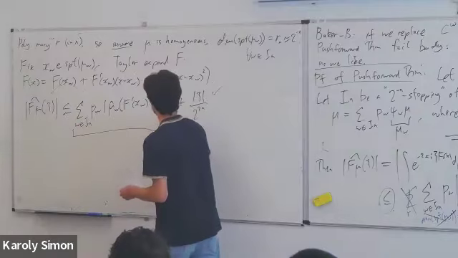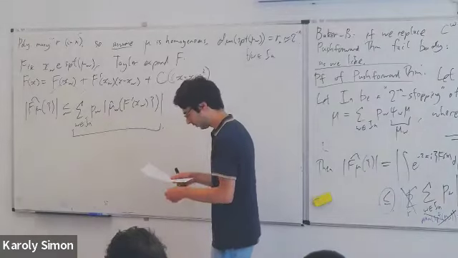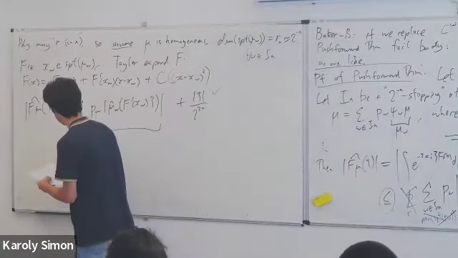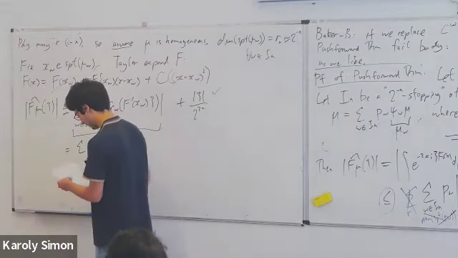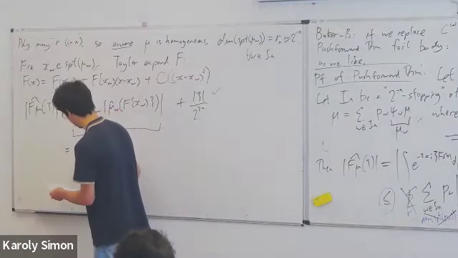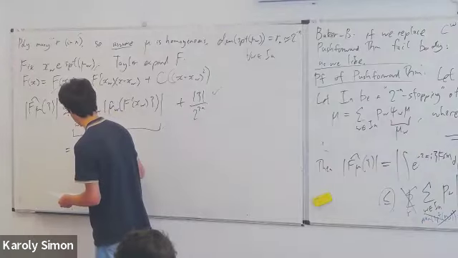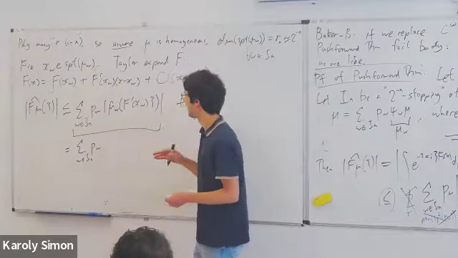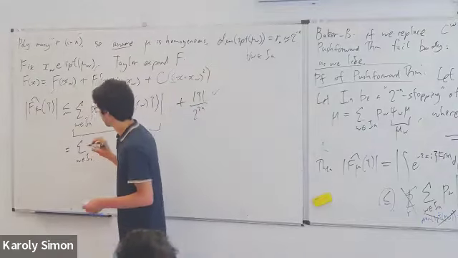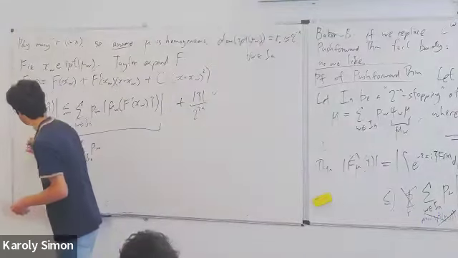So what about this term? Well, this is going to be equal to the sum over omega in the set of p_omega times... And now what I want to do here is to use self-similarity.